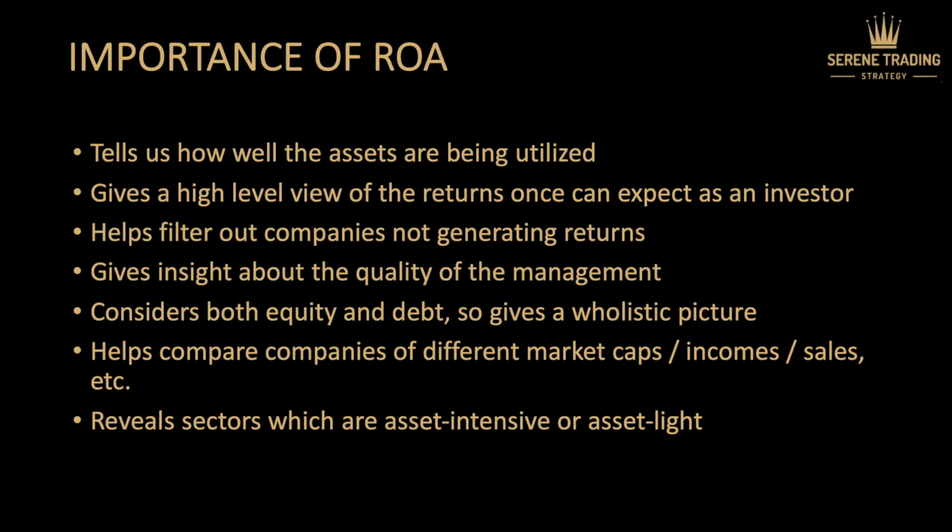ROA does not only consider equity or debt, it considers both, because you're looking at assets, and assets is equal to equity plus your liabilities, which is nothing but your debt. So there are other ratios. The reason I brought this up here was that there are other ratios like ROE, and in those cases, you're only looking at one side of the picture.